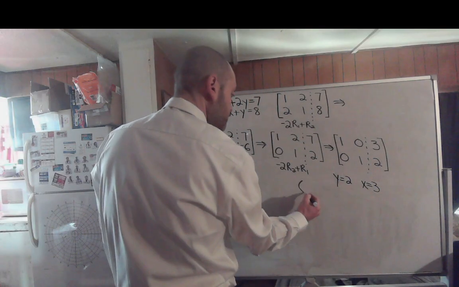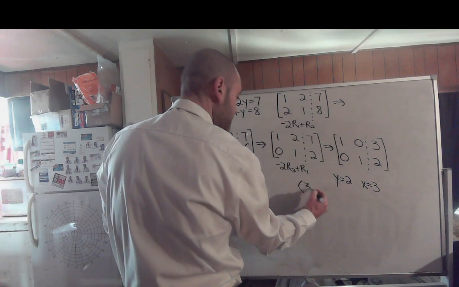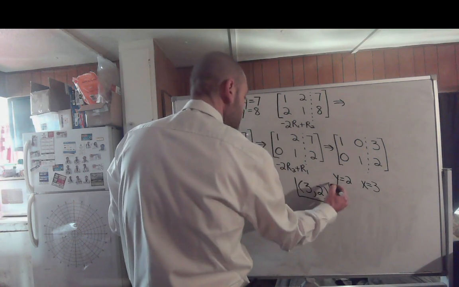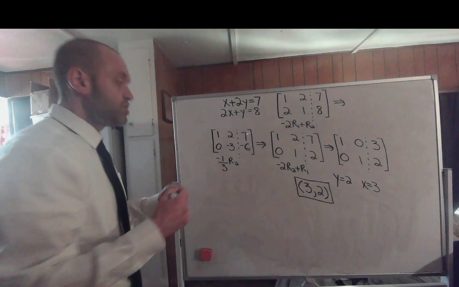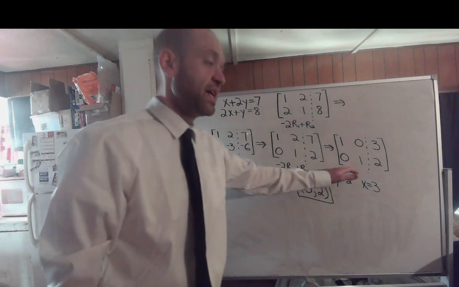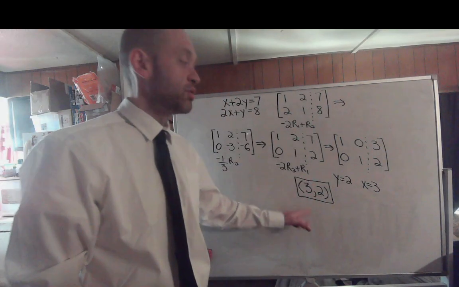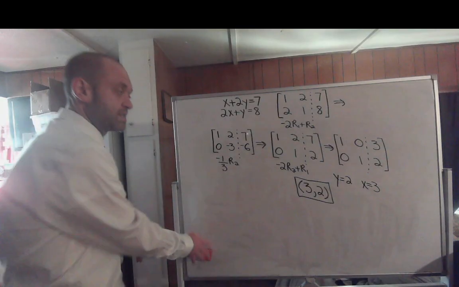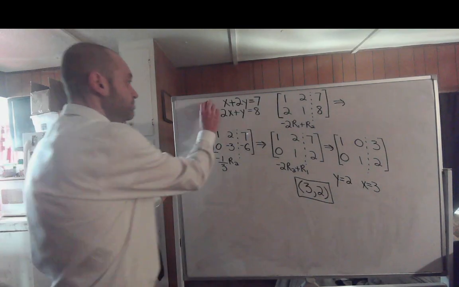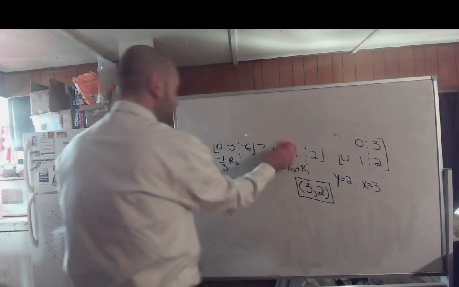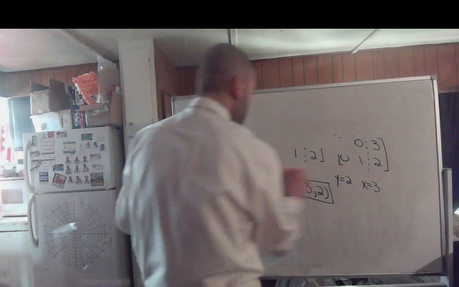So the solution to this system, the ordered pair that's the solution, is going to be 3, 2. So initially you're going to do more row operations to get to where you need to be, but you'll get the direct solution of your variables without having to do back substitution. Let's do another 2 by 2 example, then we'll go into some 3 by 3s.